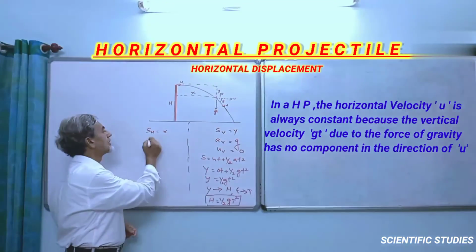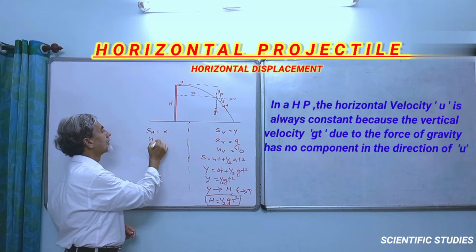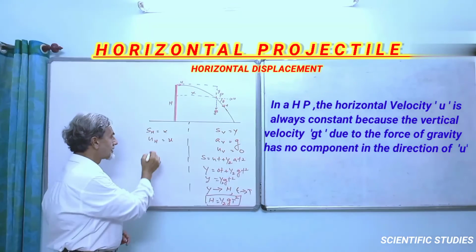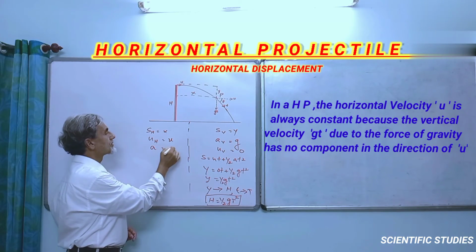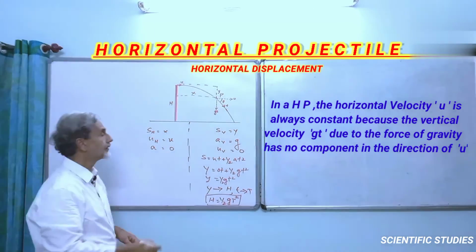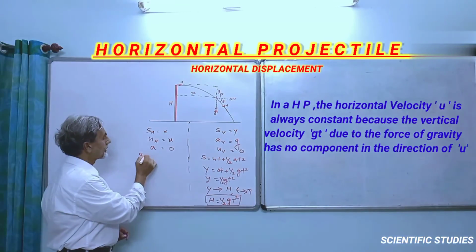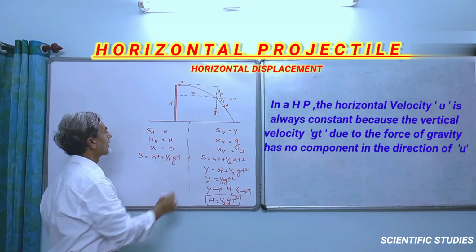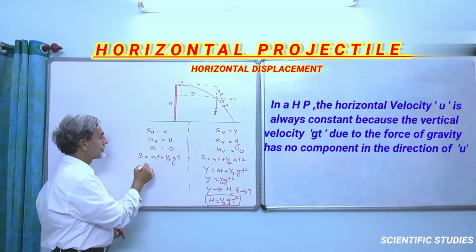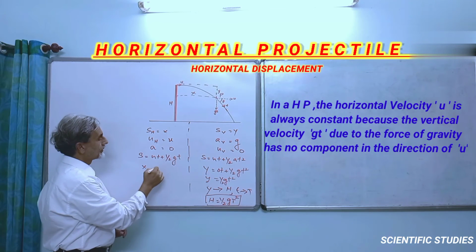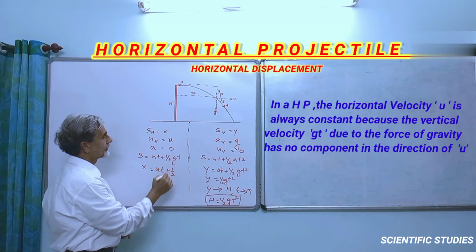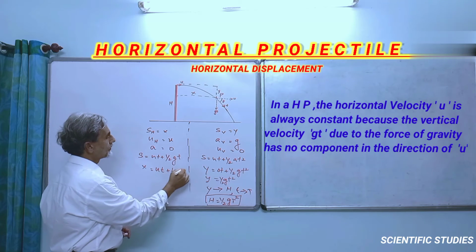So the velocity in the horizontal direction is equal to the initial velocity, and the acceleration in the horizontal direction is equal to 0. Then using the kinematic equation, s is equal to ut plus half at square, the horizontal displacement x is equal to ut plus half into 0 t square.